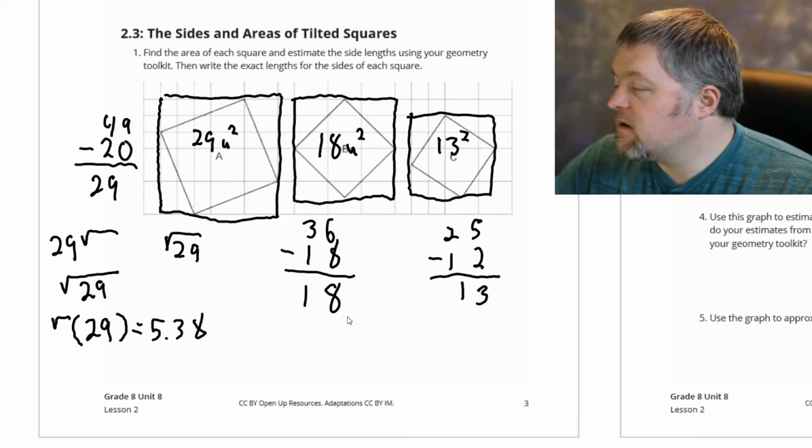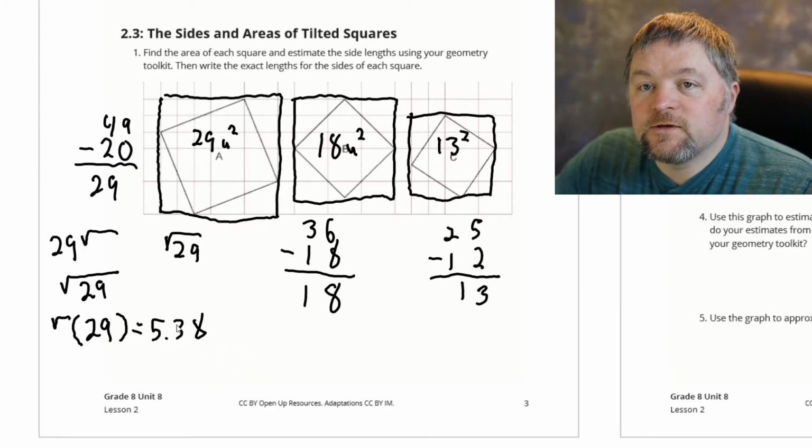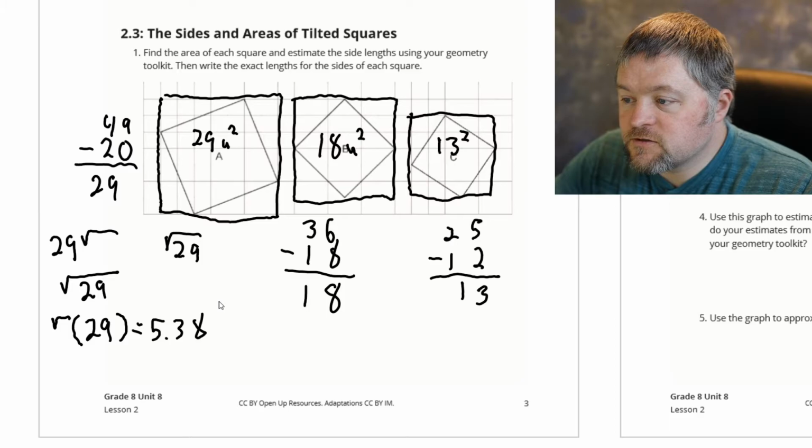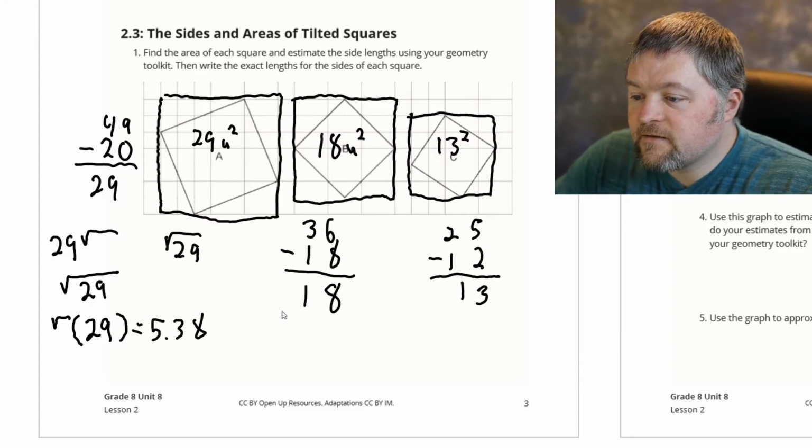You'll see on your calculator quite a few extra digits. We don't always need to write down all of those digits. We will spend some more time in the future going over exactly how to handle that.